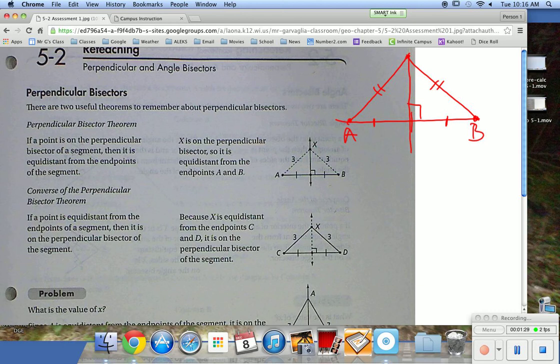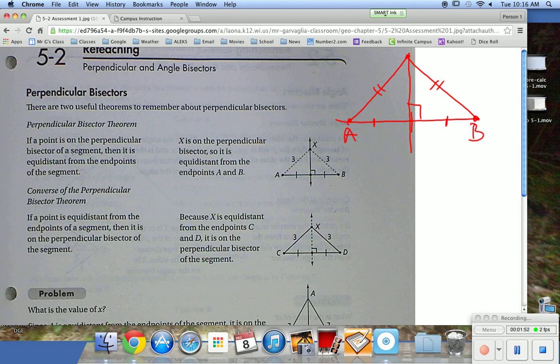Where would you see something like that? On a house. On a roof of a house. What else? What does that look like? A tent. A tent. They make the sides of the tent equal, don't they?